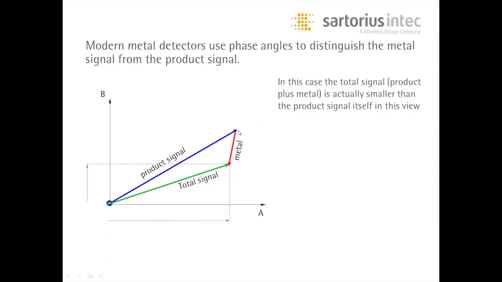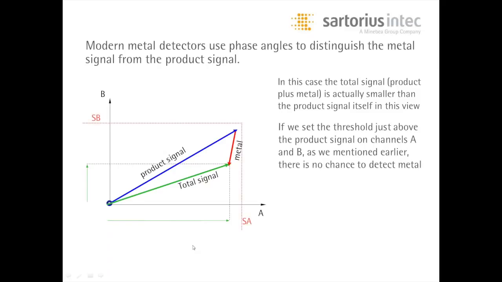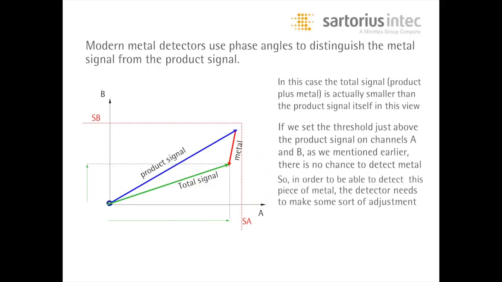On X and Y, the product signal was out to here on A and over here on B. So if we set the thresholds as we suggested before, just above channel A and B, there is absolutely no chance we're going to detect this metal with these current settings, because the actual overall signal is smaller than it was with just the product. So the metal came in, added to the product, and made the overall signal smaller. So in order to be able to detect this piece of metal, the metal detector needs to make some sort of an adjustment.